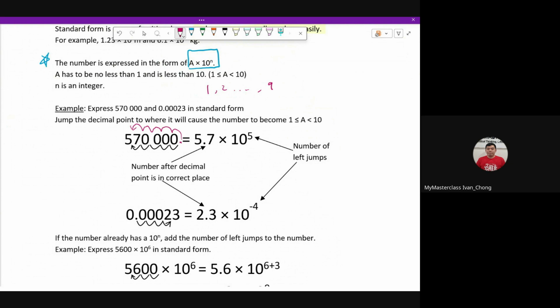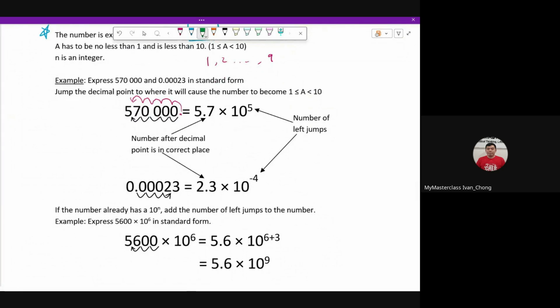Now, a very easy way to check if your standard form is correct is to press the calculator and check if your numbers before and after are exactly the same. If they are different, you probably made a mistake somewhere. Now, if you have a small number over here, the 0 is here.